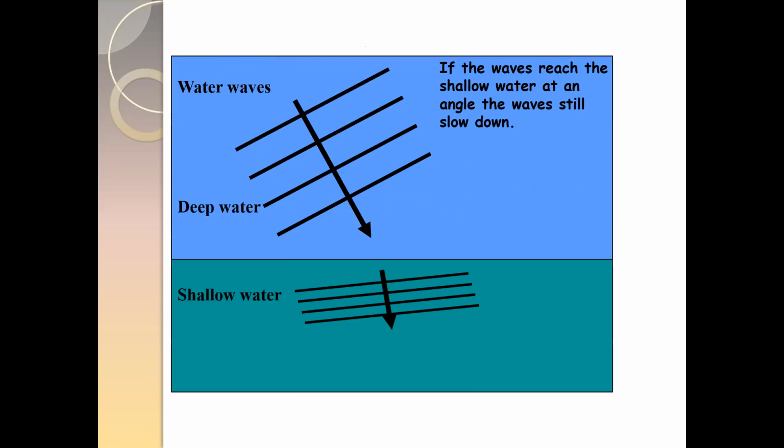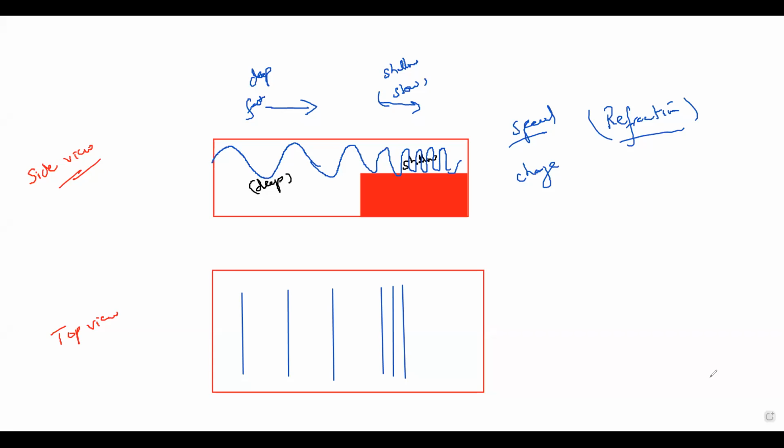So what we will observe, for example, if we say this is a ripple tank, you will find this as a common question in which you have to draw the wavefront. Like if this is a ripple tank and one side of the ripple tank is a deep region, and the other side is a shallow region.